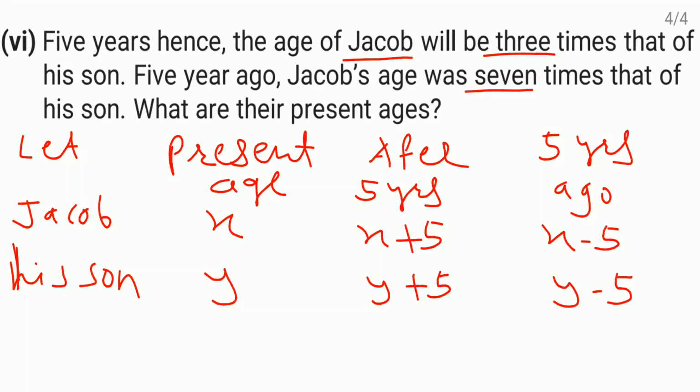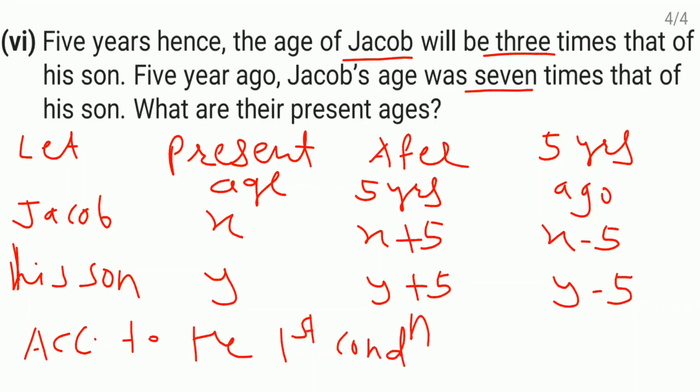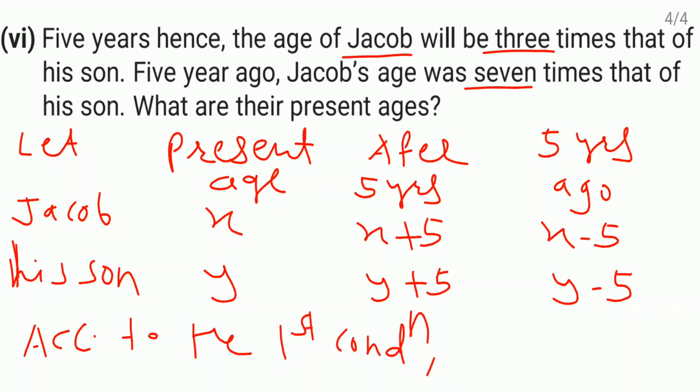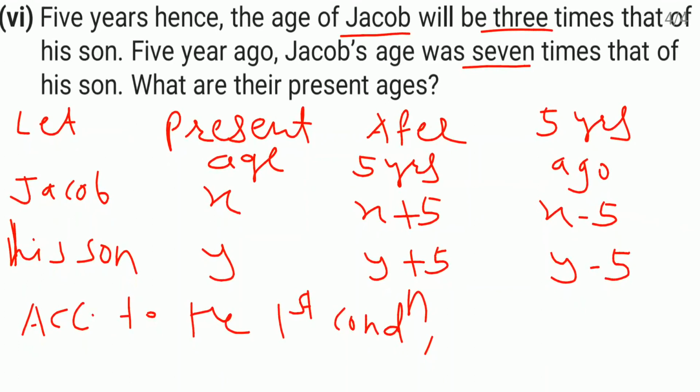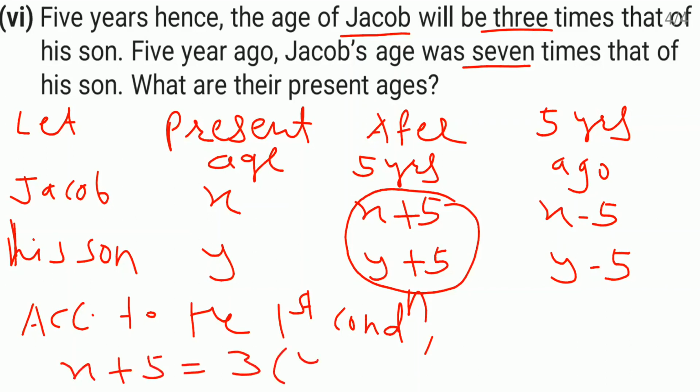Then we'll write down according to the first condition. What is that first condition? What they are saying? After 5 years, the age of Jacob will be 3 times that of his son. So here, after 5 years, these are the ages. So age of Jacob is what? x plus 5, which is equal to 3 times that of his son, so y plus 5.